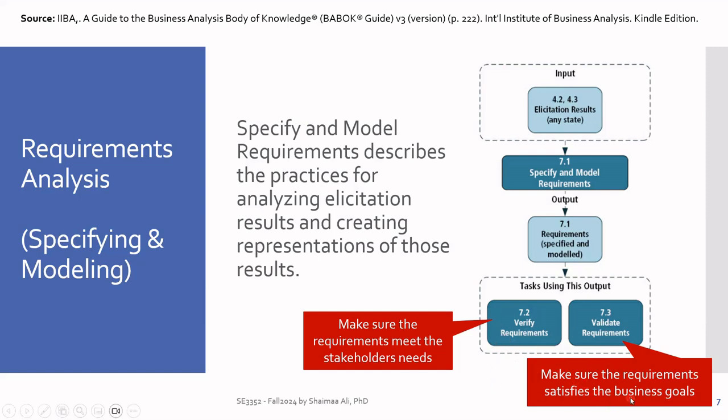Make sure that this is what satisfies the business goals. Because sometimes the stakeholders just express a certain desire or certain need, but after you model it and you make it clear, and also when you represent the context and the different types of models, it might become clear that what they thought they wanted is not exactly what meets the business goals. So that's why we need these two types of checking.